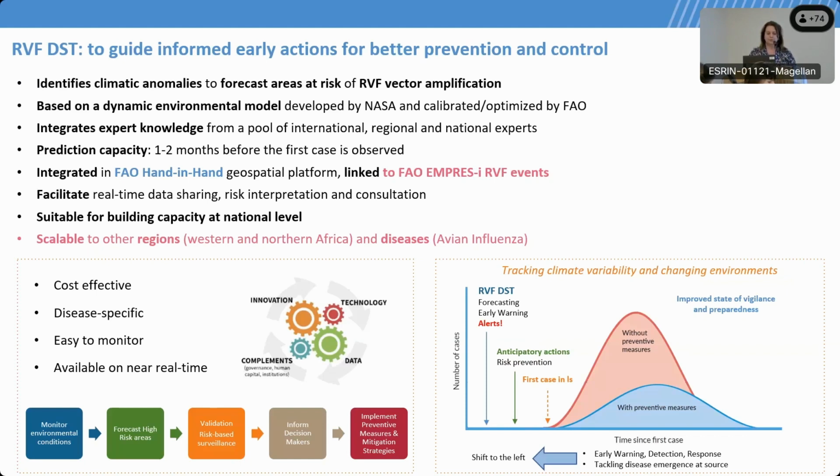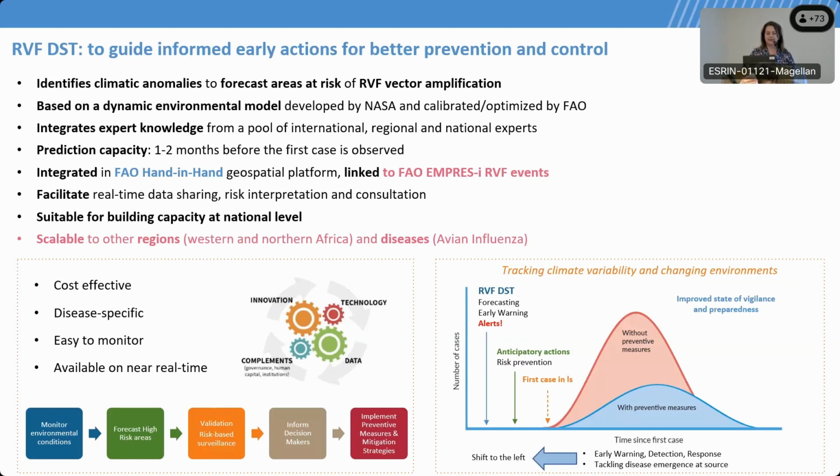So this tool that has been developed 3-4 years ago is facilitating real-time data sharing, risk interpretation and consultation. And what is important also for us is that it's suitable to build capacity at national level.